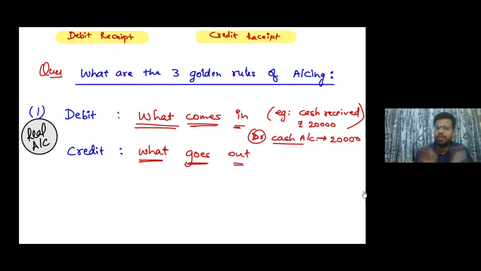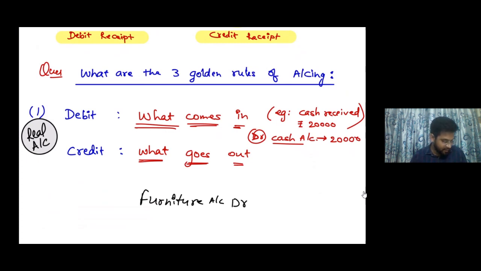For example, if I purchased a furniture, furniture is coming in and I have paid cash, so cash should go out. So furniture account would be debited and my cash account would be credited.